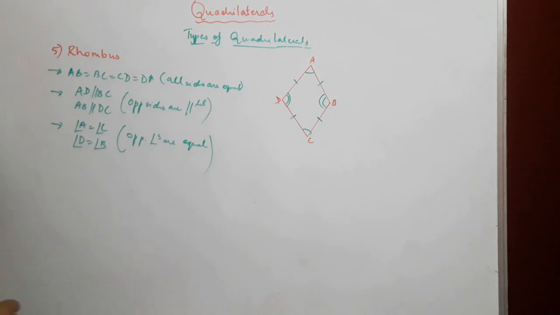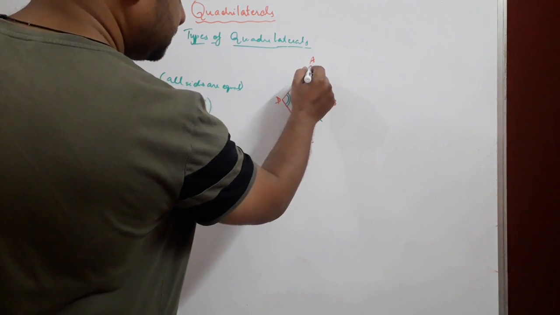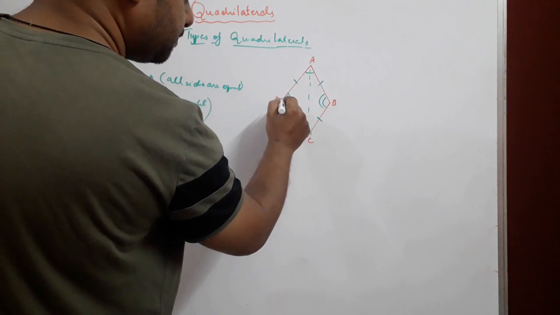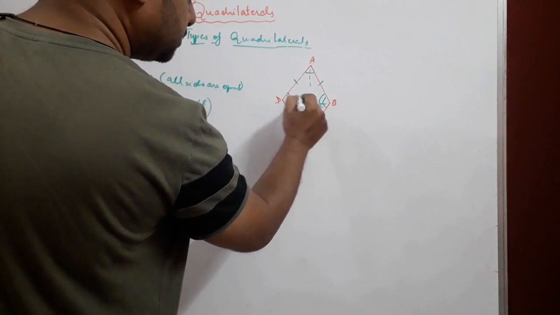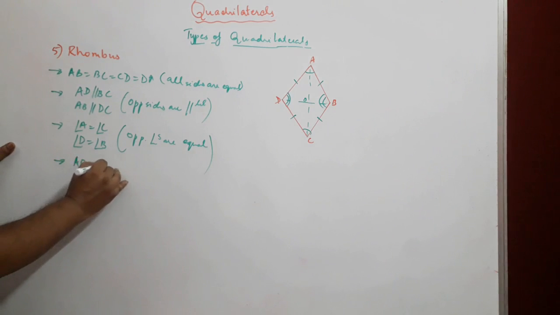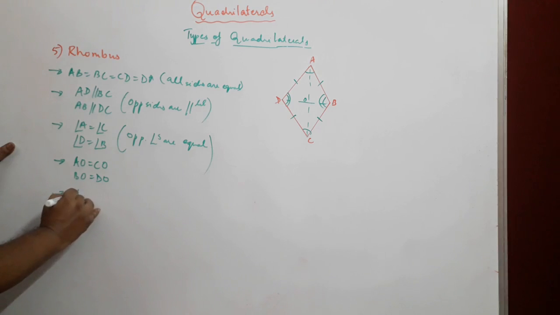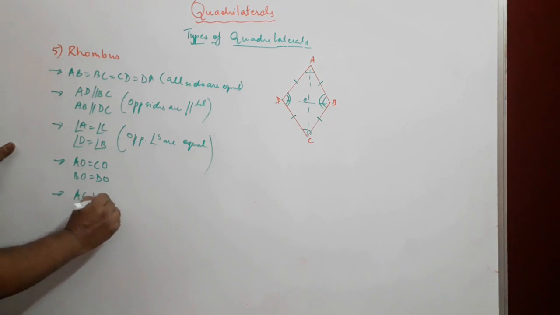The next property or feature of a rhombus is that the diagonals of a rhombus bisect each other at right angles. First of all, they bisect each other. I will put this as O, which means that AO is equal to CO and BO is equal to DO, and also the fact that AC is perpendicular to BD.